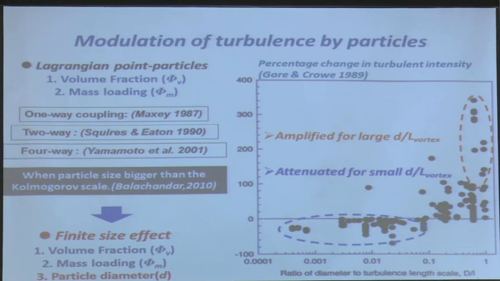So you have many parameters, and you see on that map, which has been proposed by these guys, that they observe sometimes a reduction of turbulence and sometimes an amplification of turbulence. So the question is not universal. You cannot tell anybody, yes, if you place particles, you will reduce turbulence or you will enhance turbulence. Sometimes it will reduce, sometimes it will enhance.